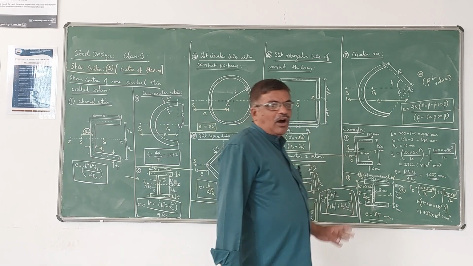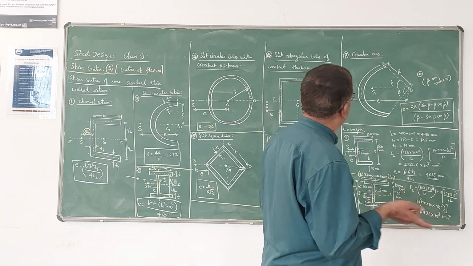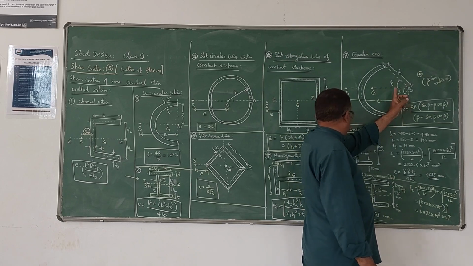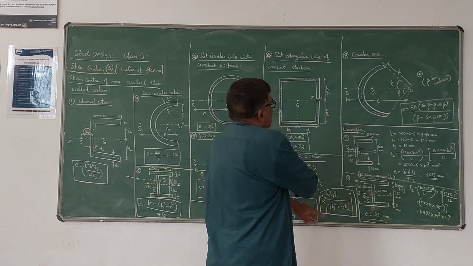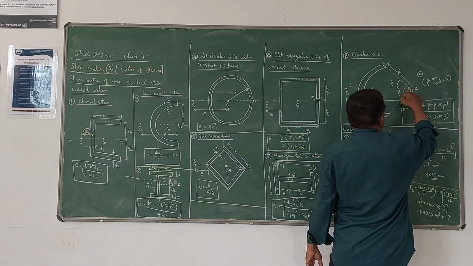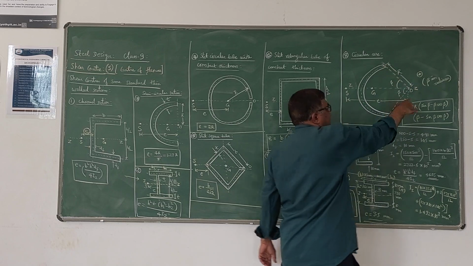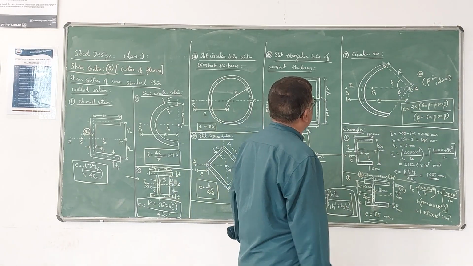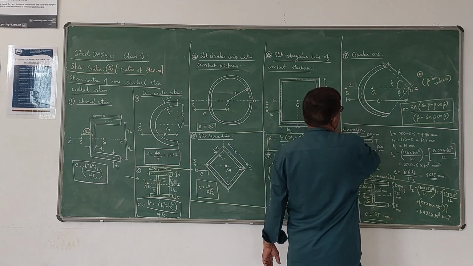Next, circular arc. Suppose the tube is in the form of a circular arc, which subtends an angle of 2 beta. Once again, it is symmetrical about this ZZ axis. This is beta, this is beta, and your central line radius is R, and G is the centroid, and S is the shear center.